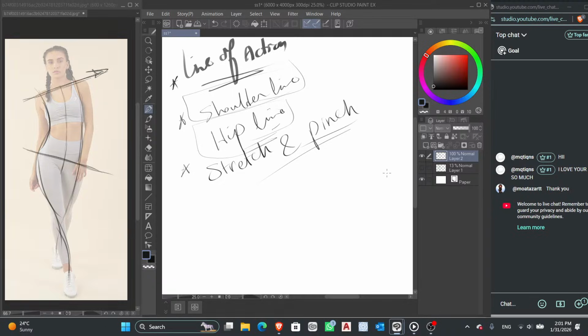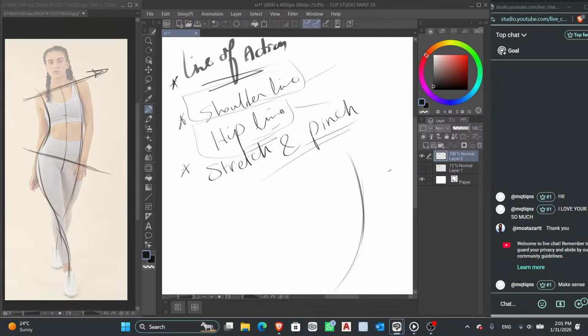The stretch and the pinch are the result of having different directions for the shoulder line and hip line. On this side there is a stretch, yeah, it makes sense. This is a stretch because of this shoulder line and this hip line.